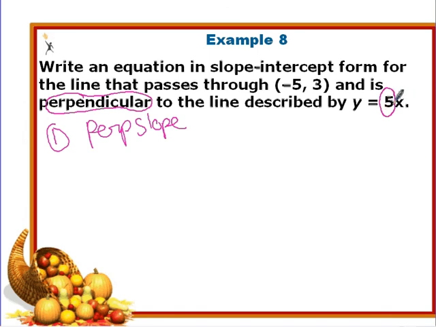So our original slope was 5. That's the same as 5 over 1. Perpendicular is the opposite. It's positive now. We take the opposite and we flip it upside down. So instead of 5 over 1, we're going to have 1 over 5. So there's our slope, and then you follow the same steps that you did for the last 2 problems.